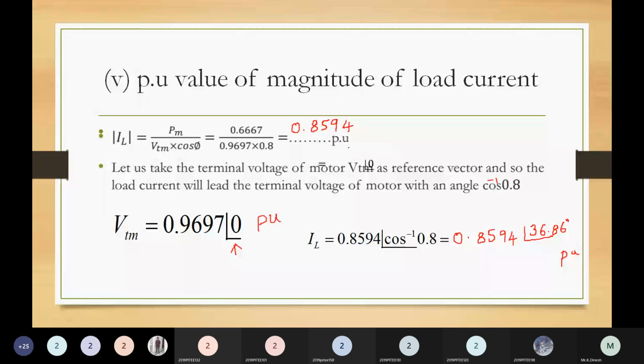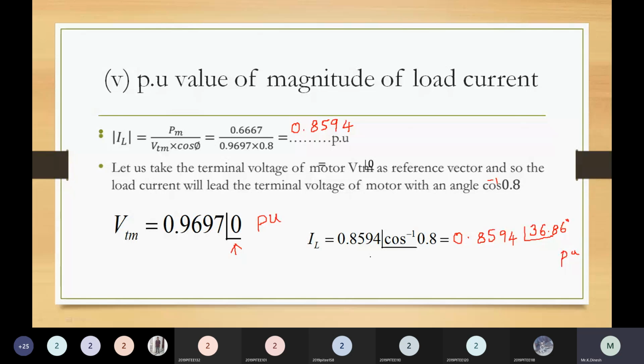So now we have to consider the terminal voltage of the motor, that is VTM, as the reference vector, and so the load current will lead the terminal voltage of the motor by an angle of cos inverse 0.8. So I am assuming my terminal voltage as reference, that is 0.9697 at an angle 0 per unit.